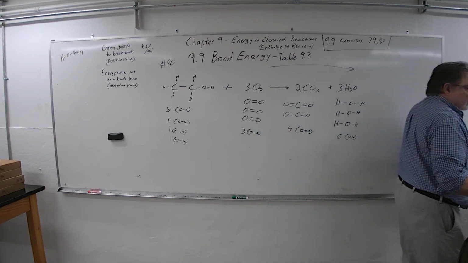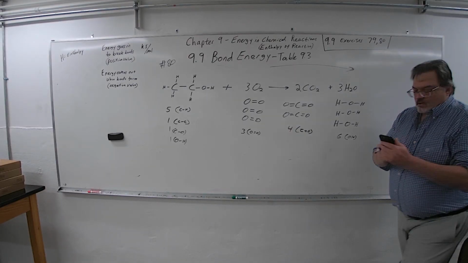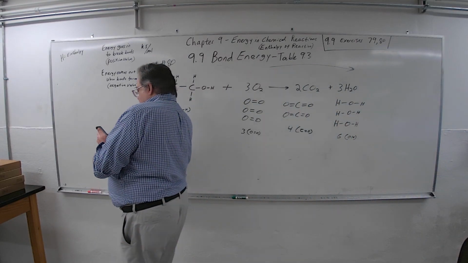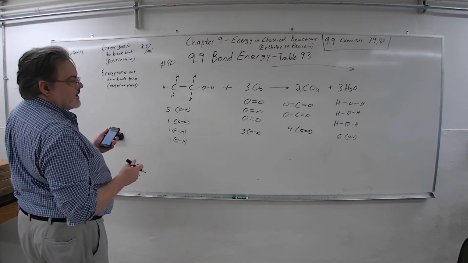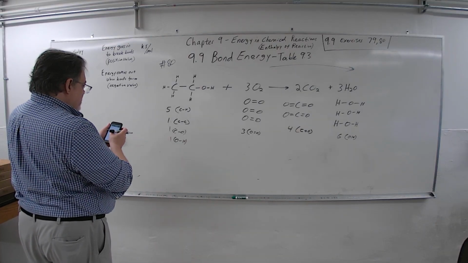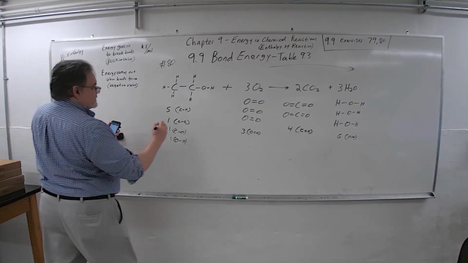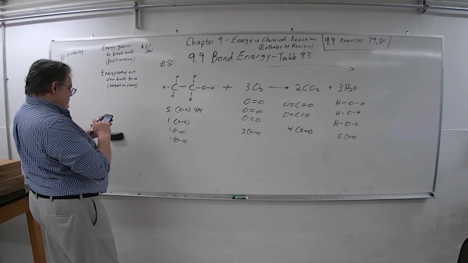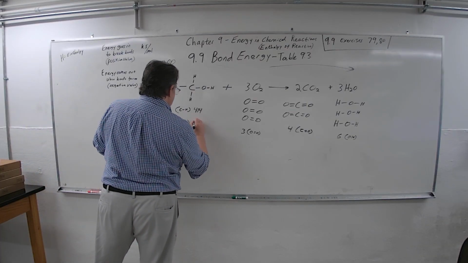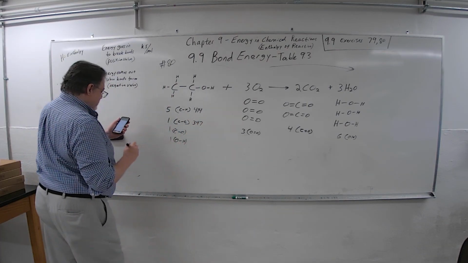So now you look at the chart. C to H is 414. C to C is 347 kilojoules per mole.